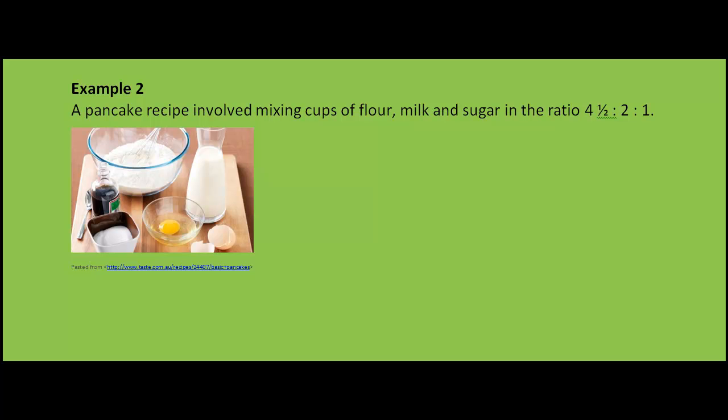Suppose a pancake recipe involved mixing cups of flour, milk, and sugar in the ratio 4½:2:1. At the moment, this ratio has not been written in the right format. One of the numbers is not a whole number. When a mixed fraction such as 4½ appears in a ratio, the first step is to convert the mixed fraction into an improper fraction.